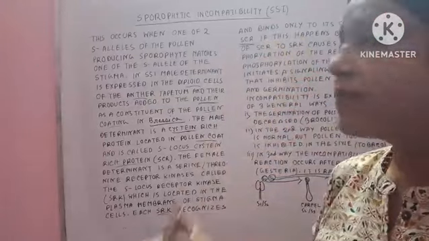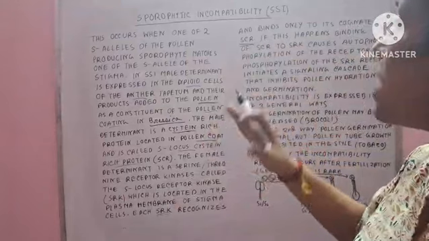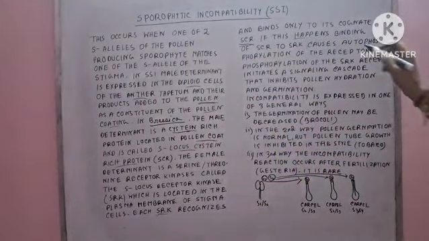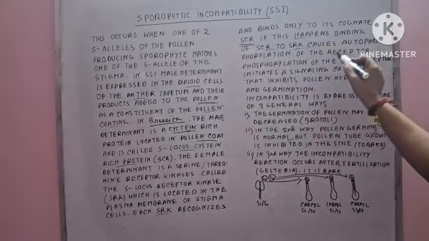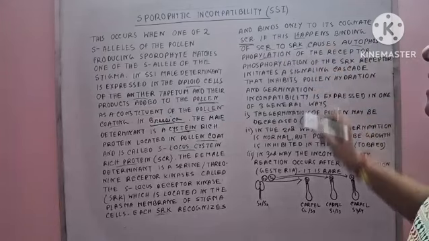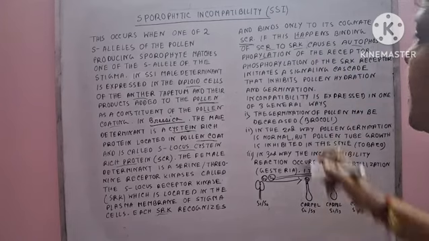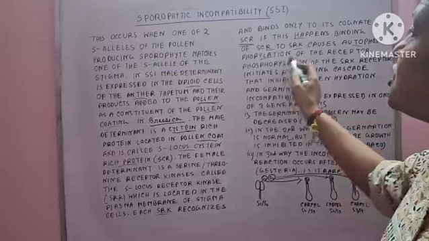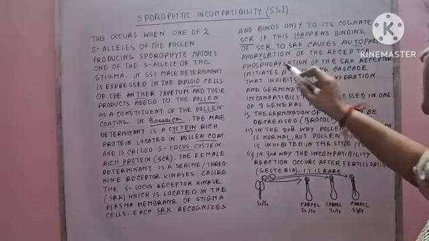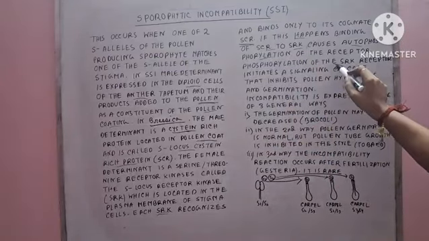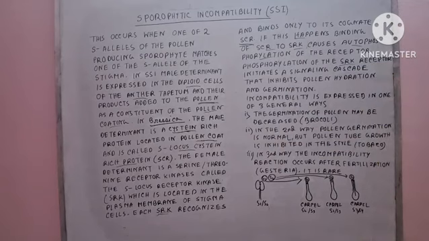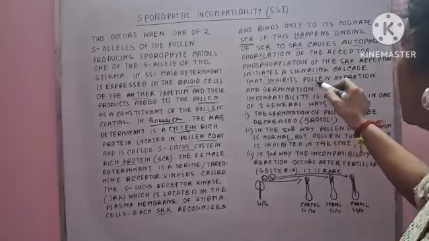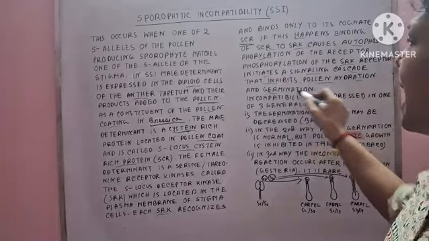The two proteins bind with each other, and if this binding is possible, then SCR binding to SRK causes autophosphorylation. This phosphorylation of the SRK receptor initiates a signaling cascade, and that inhibits pollen hydration and germination.